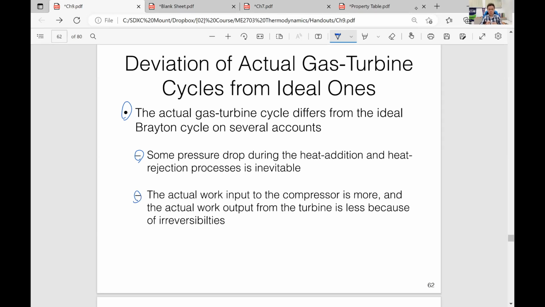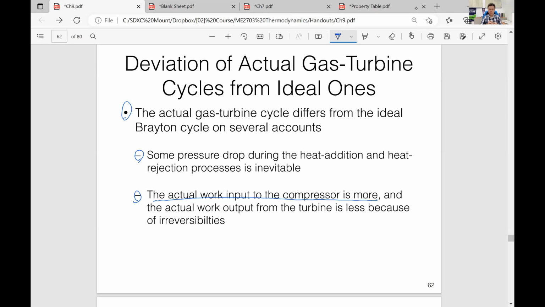Then the actual work input to the compressor is more, right? This is what the isentropic efficiency tells us. The real one is not going to be reversible. The real devices are always irreversible.